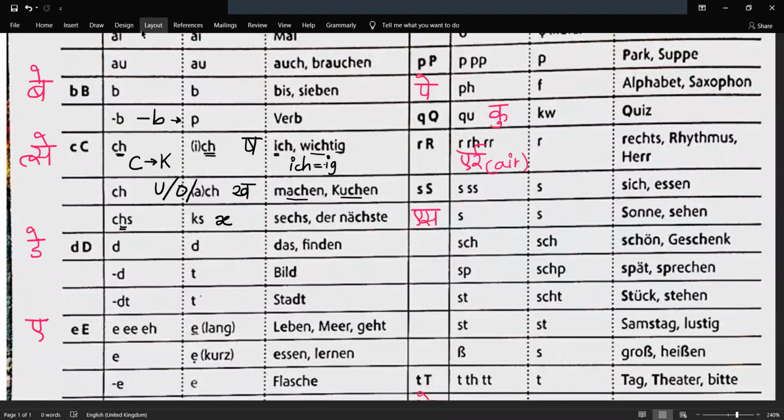So this is zex, their next x sound. Then the next is D-A-S, which has two sounds. Often if it's at the beginning of the word, it's going to take the s sound. So this is das, and this is finden.